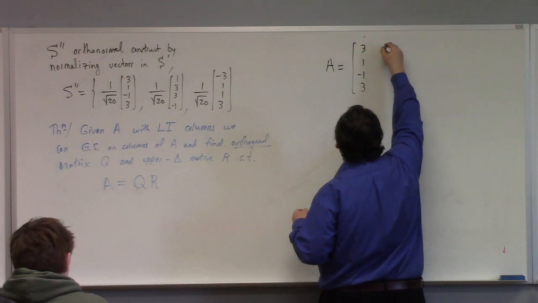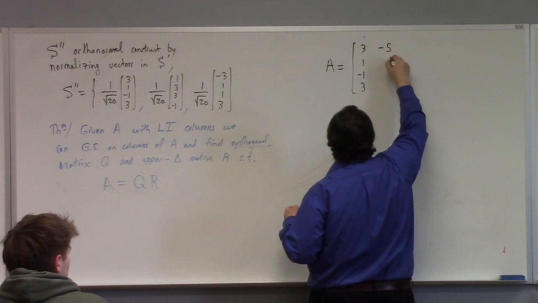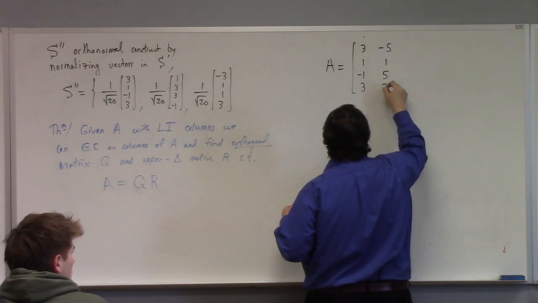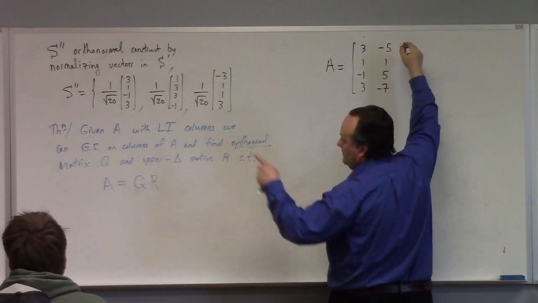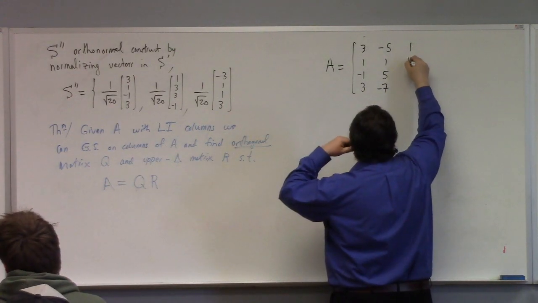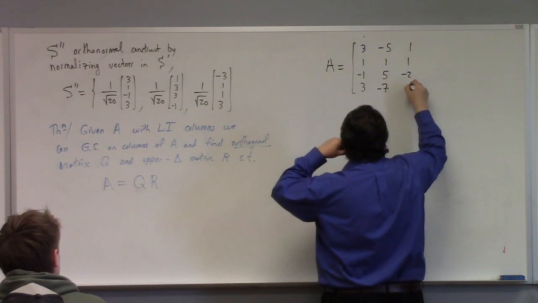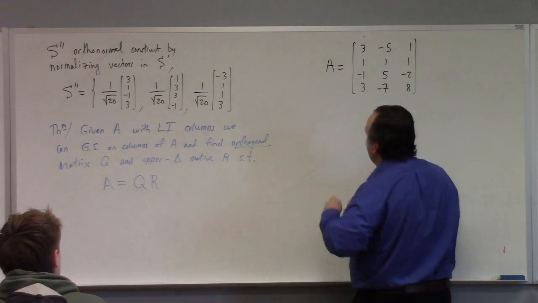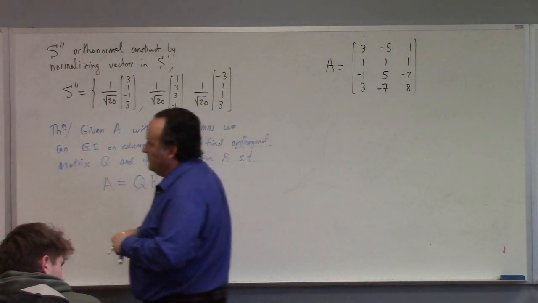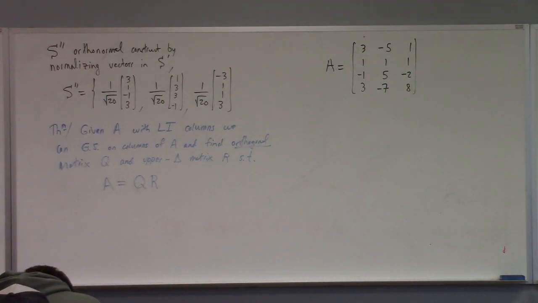I've already forgotten. What did I say? Minus 5, 1, 5, minus 7. Thank you. What's the third? 1, 1, minus 2, 8. All right, cool. So it turns out we can use this example that we just did to find a QR decomposition for this matrix. All right?